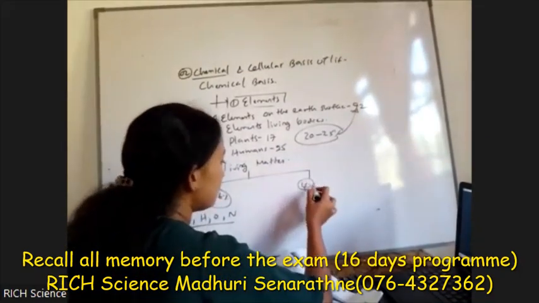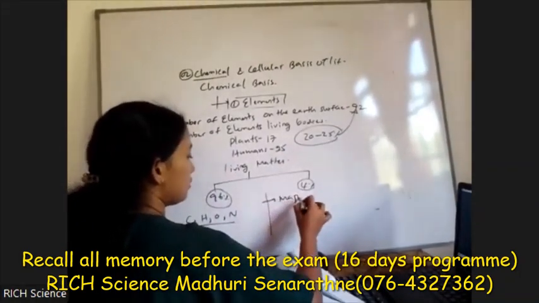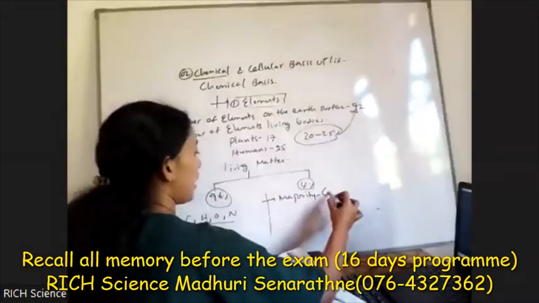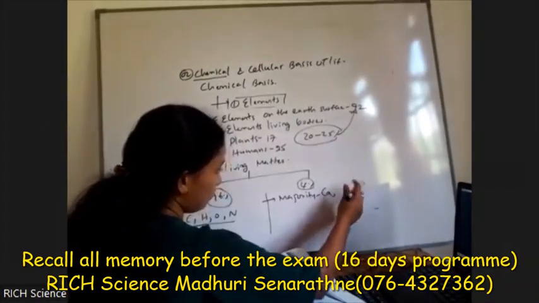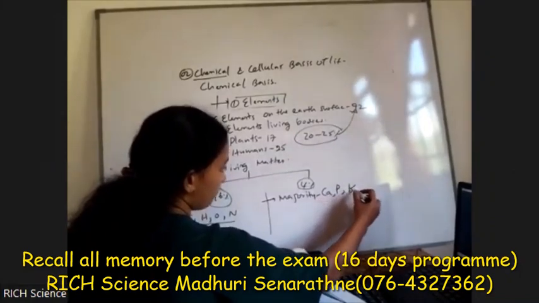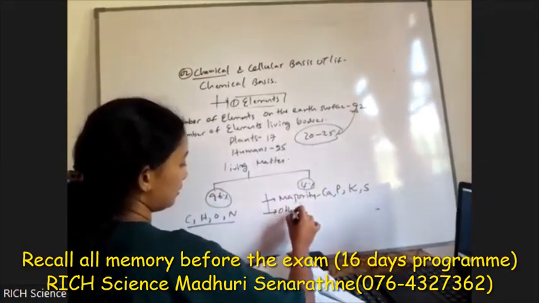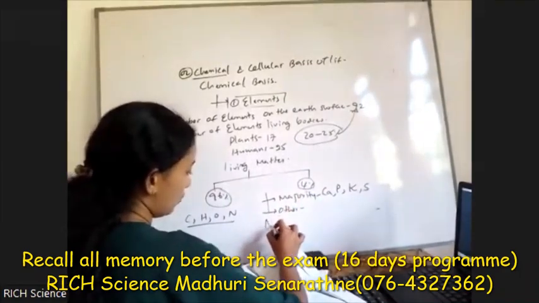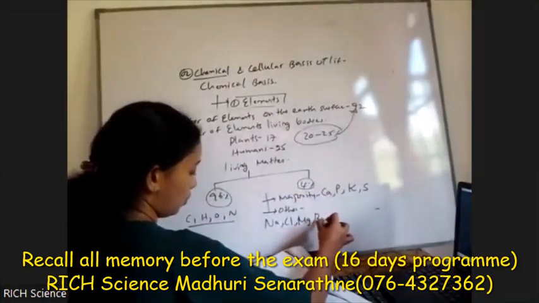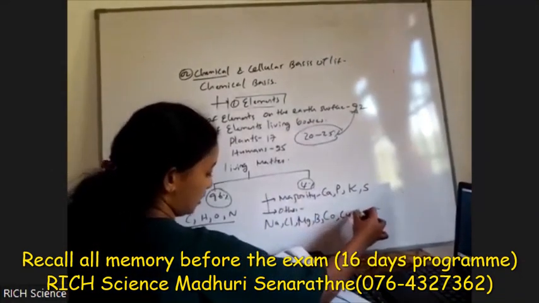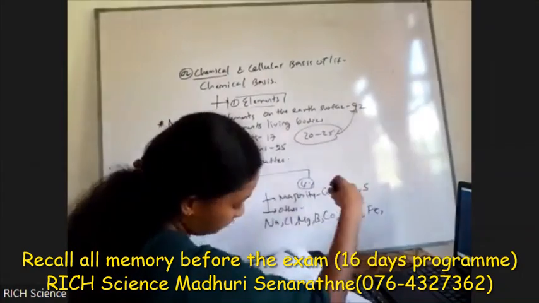In the remaining 4%, the majority contain calcium, magnesium, phosphorus, potassium and sulfur. Other than that, we can see sodium, chlorine, boron, cobalt, copper, fluorine, iron and iodine.